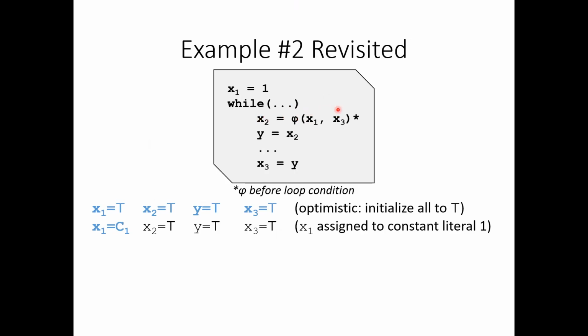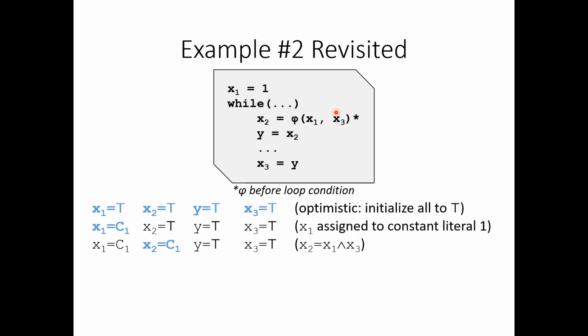Where do C1 and top meet? At C1. So here, what we do is we set x2 to C1. So x2 is the meet of x1 and x3. The intuition here is that we assume that x3 is going to be any constant we would like it to be. So when any constant we would like it to be meets the constant 1, the result is going to be the constant 1, right? This is where the optimism helps us.